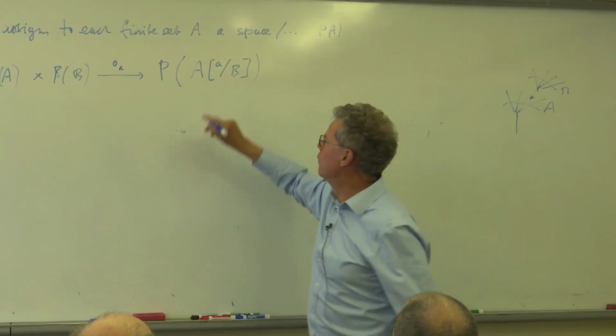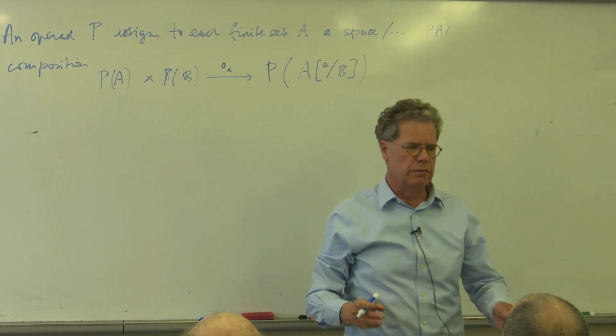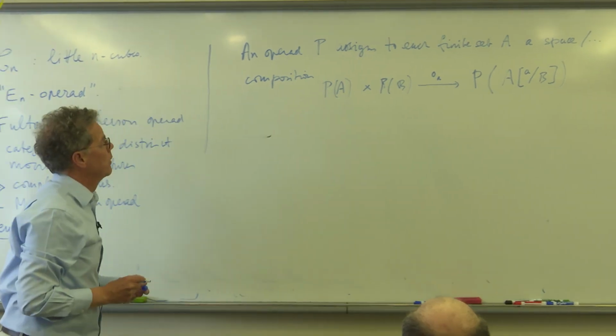I don't think it will occur very often, but I hope it's clear what I mean. And of course there are conditions, associativity, symmetry, and so on, that I'm not going to write down. So it's a coordinate-free definition of an operad.